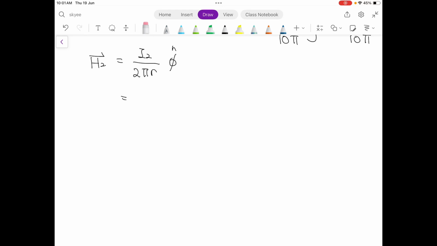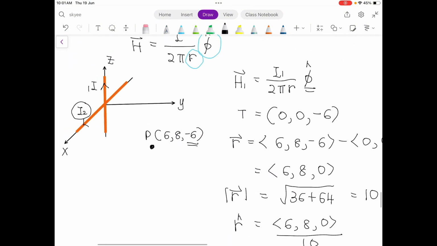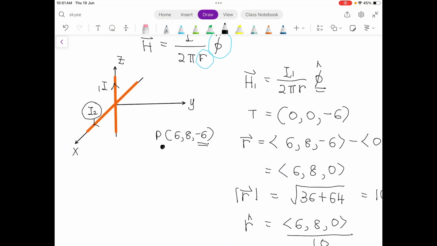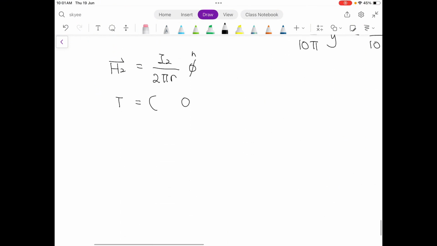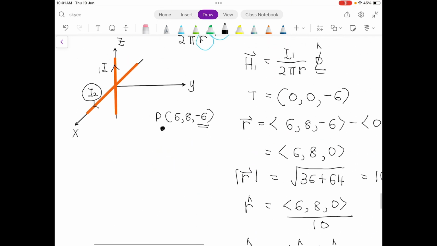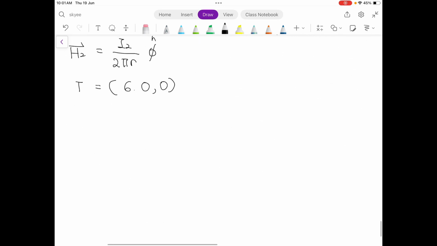Again we need to figure out what R is, but first of all, let's determine what the source point is. It will be a point along the current filament. Looking at your I2, your current filament is located along the x-axis, so both y and z are 0. For the x coordinate, you have to refer to the observation point, which is 6.